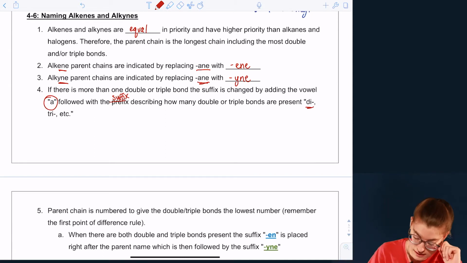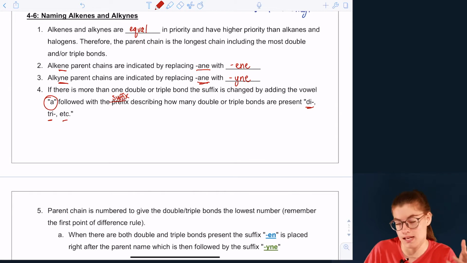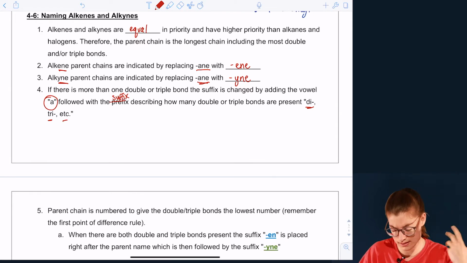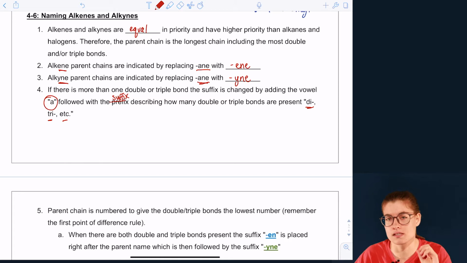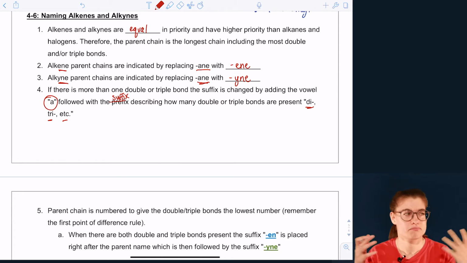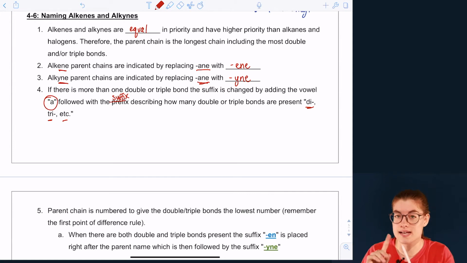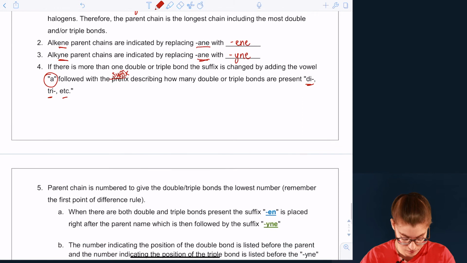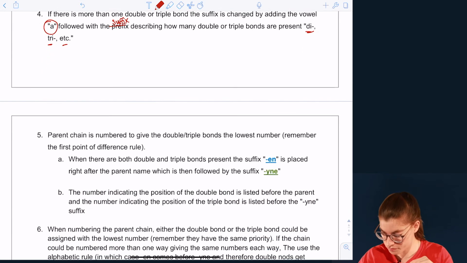And of course, we still need to indicate how many we have by using di, tri, tetra, just like we did with the substituents, right? If we had 2 methyl substituents, we said 2,3-dimethyl, right? So then we'll go through practice with this. Okay? So the parent chain is numbered to give the double and triple bonds the lowest number possible.